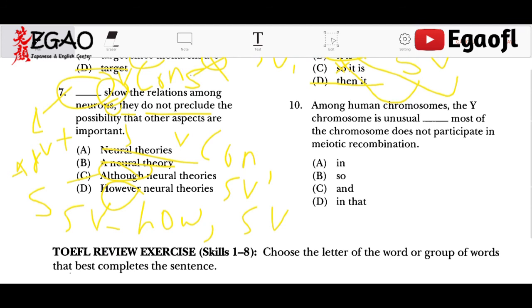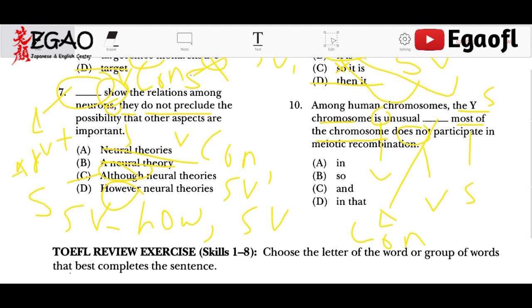Okay? So the Y chromosome is the subject, is as the verb. Okay, unusual space. Most of the chromosomes, again, this is also the subject, and does not participate is the verb. So you need to put only the connector here.